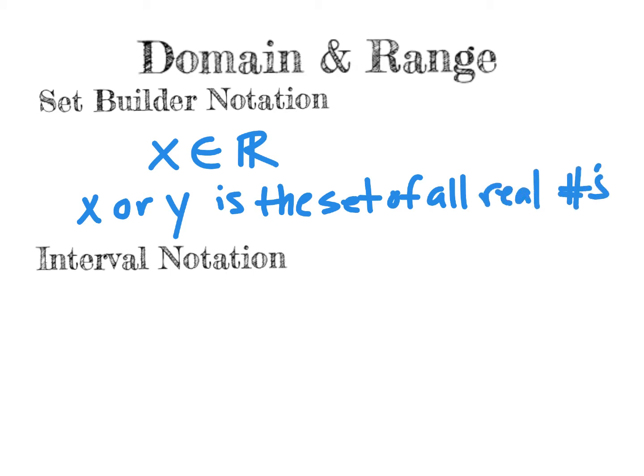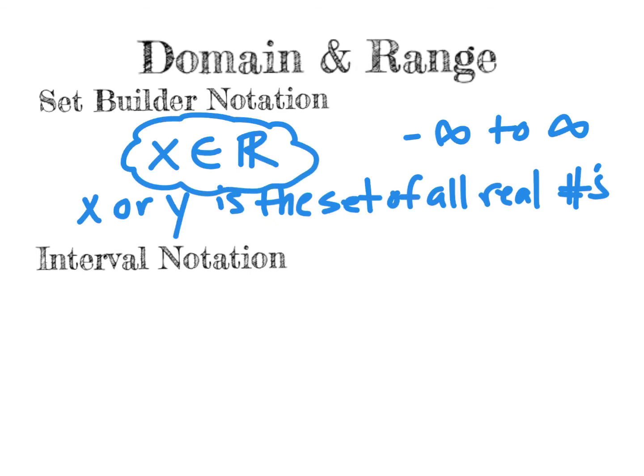And all this means is that we're going to go from negative infinity to positive infinity. Everything exists from negative infinity to positive infinity. This is what that means, right? This is the notation we're going to be focusing on for set builder.